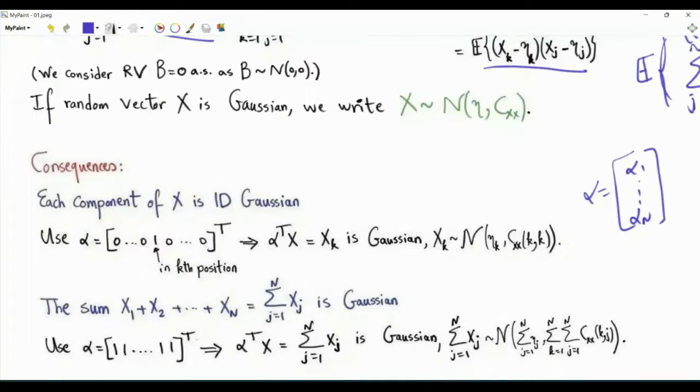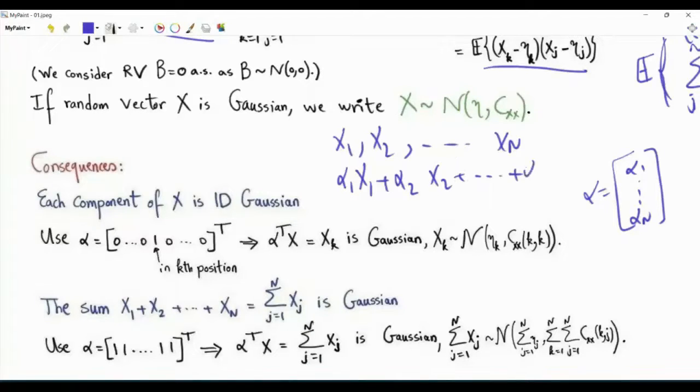To prove these results, we just make a particular choice of the alphas. According to the definition of jointly Gaussian random variables, if x1, x2 to xn are jointly Gaussian, then for any selection of those alphas, this random variable here, which is the weighted sum, is Gaussian. Then it is Gaussian for a particular choice.